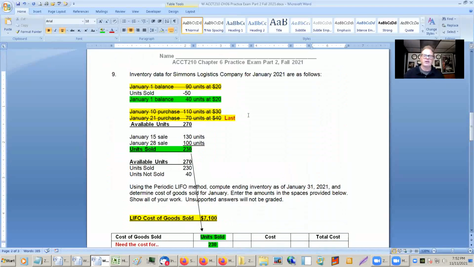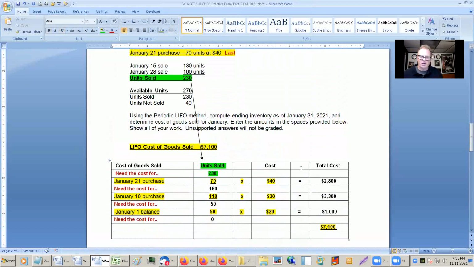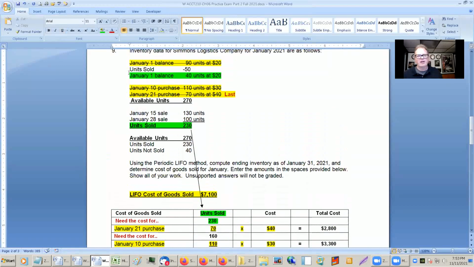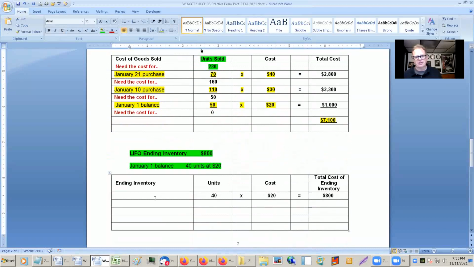What's wrong here? Oh, I don't have a total amount for those. A total amount. Okay, and so what we ended up with is 40 at 20 for the ending balance. That's this down here.